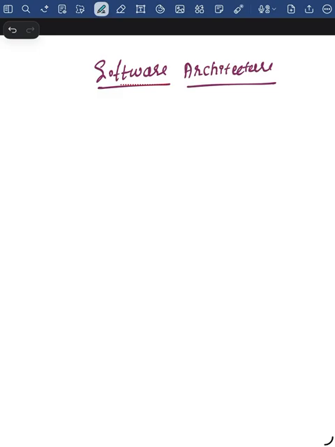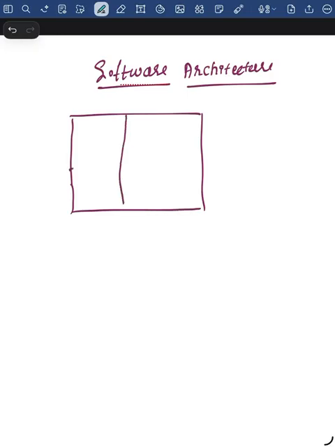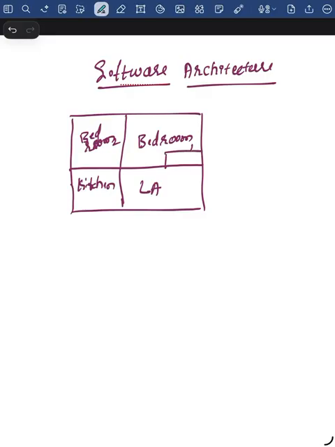Let us take the example of a house. When we say that we are designing a house, maybe this is our living area, this is our bedroom one, bedroom two, this is our kitchen, this is our bathroom.